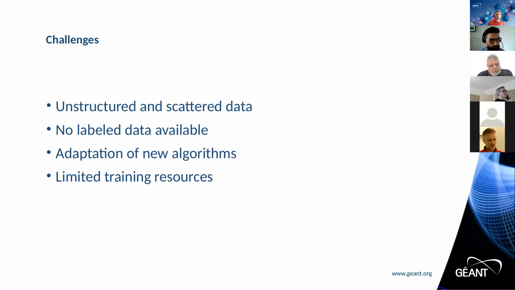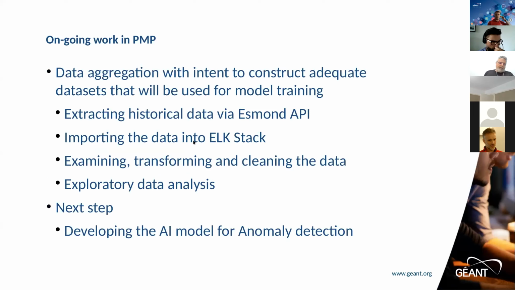So if you want to do that in real time, you may need more powerful resources. Actually, you can run the model periodically on the summary data, and that should be easier on the resources. But we will see that when the data are prepared, and that actually brings us to our current work.